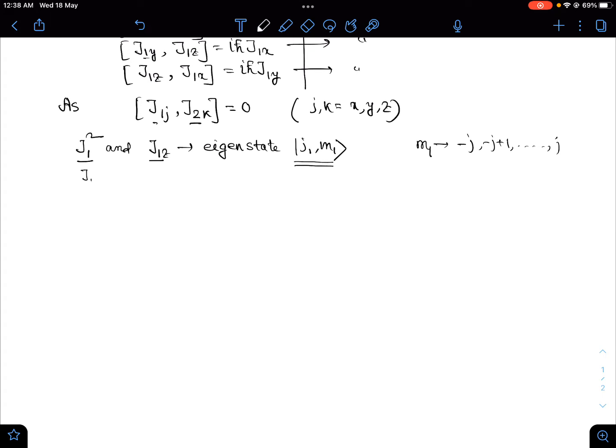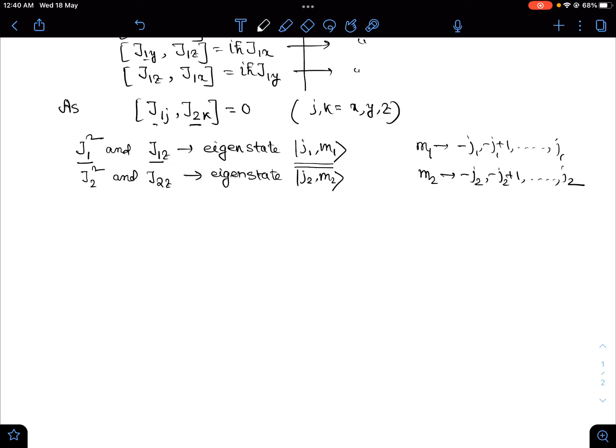Similarly, J2 squared and J2z have eigenstates |j2 m2>, where m2 can have values from minus j2 to j2.